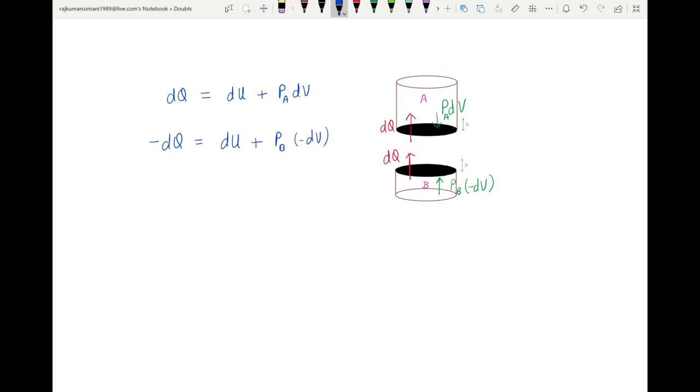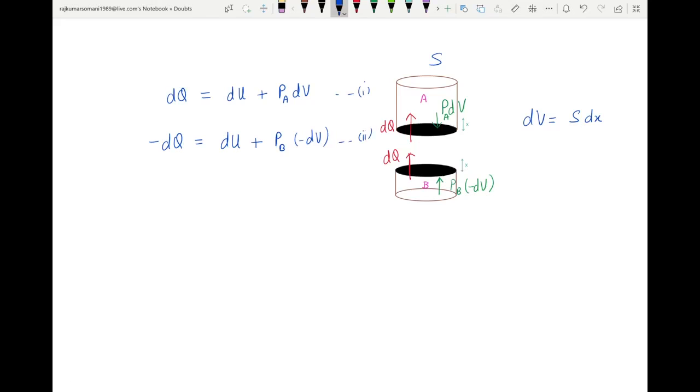Let us consider that the surface area of the cylinder is S. Then I can say that dV is equals to nothing but S into dx, where dx is the further drop of this partition at this particular instant. So I'll substitute this and consider these two equations as equation number 1 and 2.